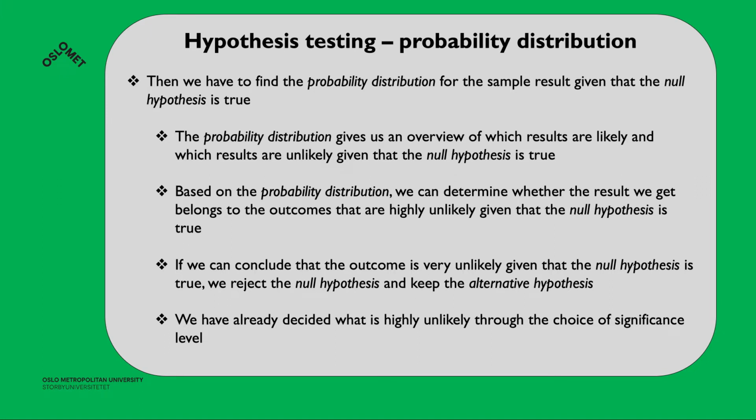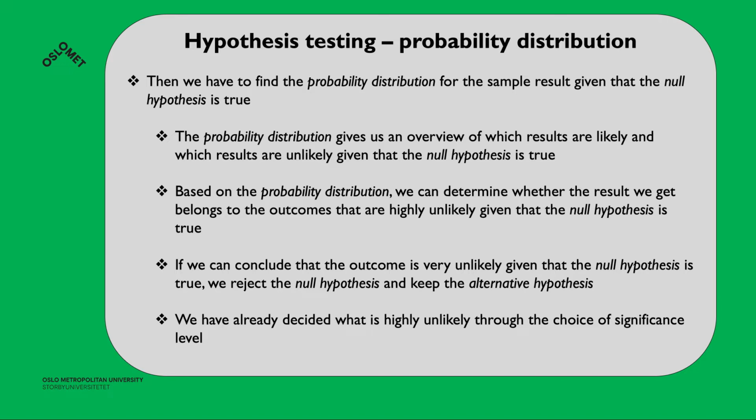And we also have to find the probability distribution for the sample results, given that the null hypothesis is true. The probability distribution gives us an overview of which results are likely and which results are unlikely, given that the null hypothesis is true. And based on the probability distribution, we can determine whether the results we get belong to the outcomes that are highly unlikely, given that the null hypothesis is true.